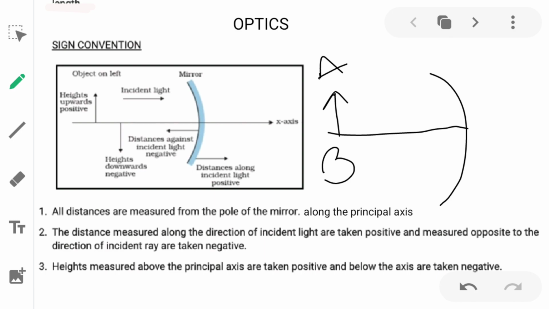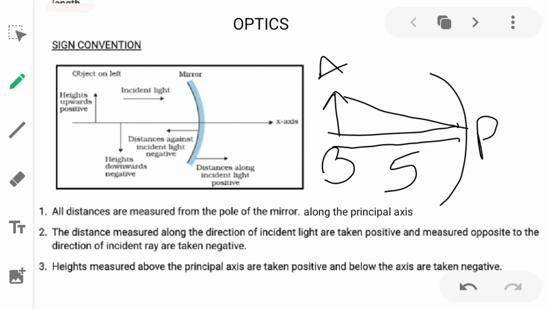It means here is our pole of the mirror. We have to measure the object distance from the pole towards the object. If it is something like 5 centimeter, we can say object is at a 5 centimeter. This is not permitted. You cannot measure in this way.